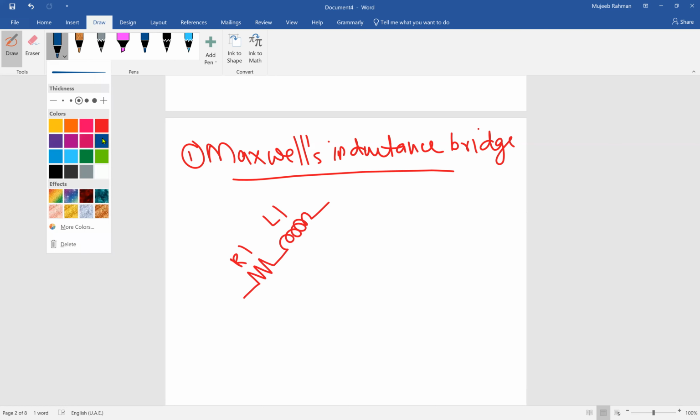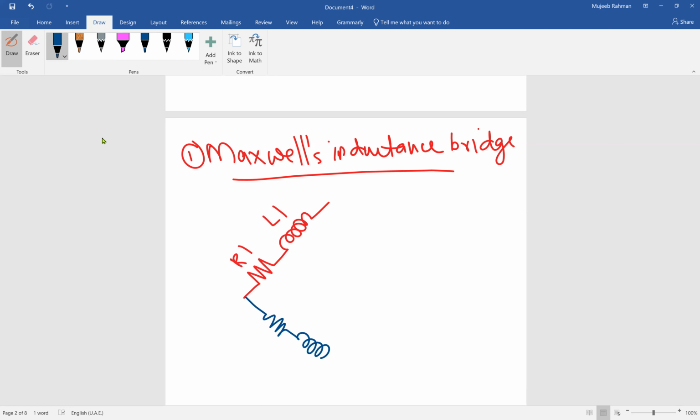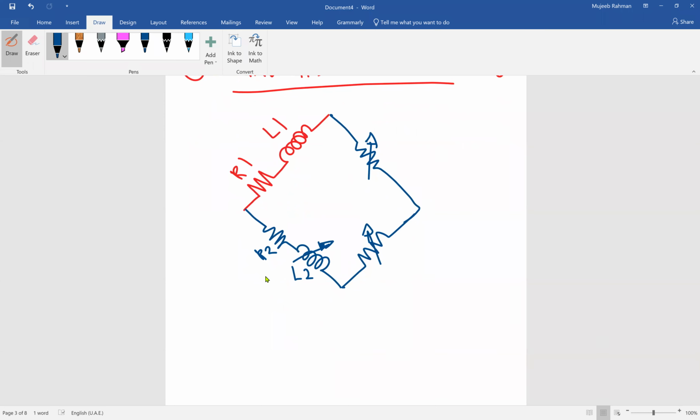The second branch is composed of a variable inductance L2 having an internal resistance of R2. Additionally, the third and fourth branches consist of two known variable standard resistors connected as shown in the figure.